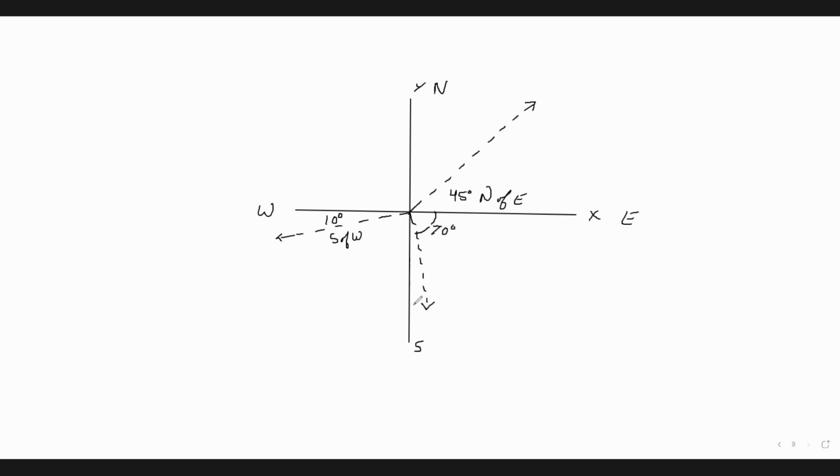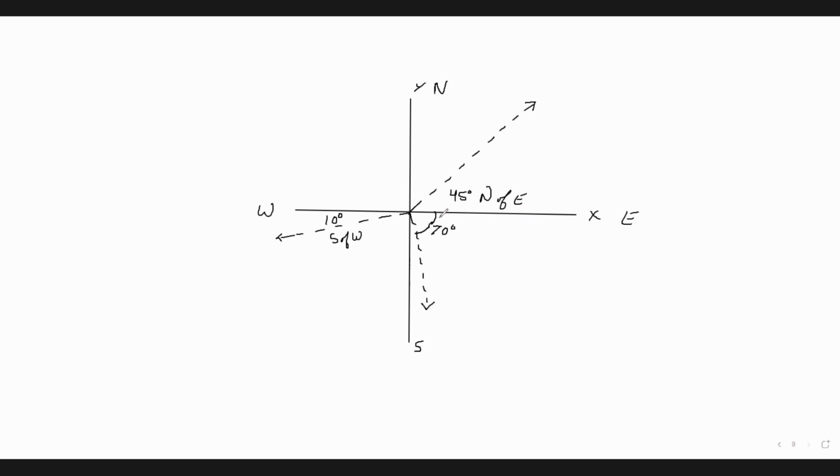So Louis Cornejo, how would you describe that in terms of compass directions? Sorry, can you repeat that? Yes, how would you describe this direction right here, where this angle is 70 degrees, in terms of the compass directions? Southeast, but closer to south.